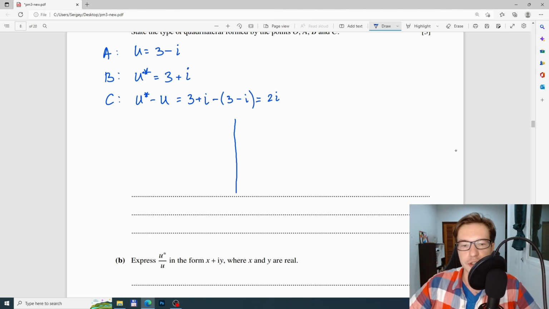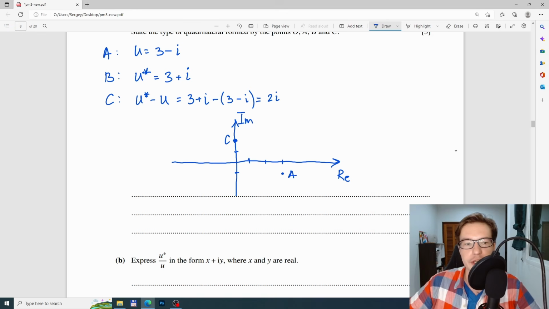Okay, show on the Argand diagram those points. Okay, the sketch. The horizontal axis is going to be the real part, the y-axis is imaginary. Okay, let's start with the point C. It's 2i, 1, 2, this is point C. Point A is 3 minus i, so it's 1, 2, 3, and one step down, like that.